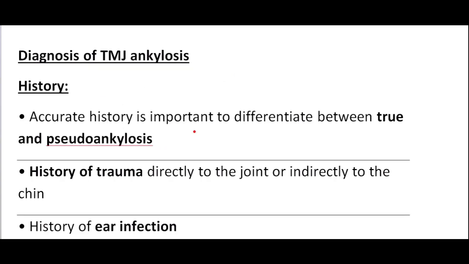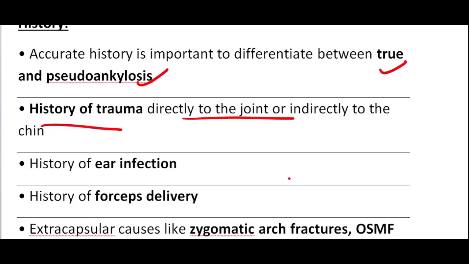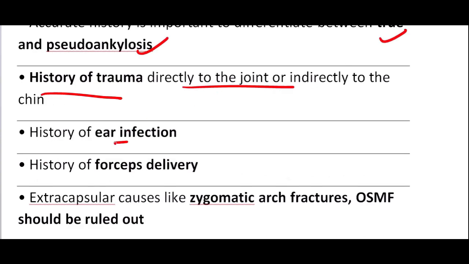So the diagnosis of TMJ ankylosis is based upon the history. It is important to differentiate between true and pseudo ankylosis. History of trauma directly to the joints could lead to injuries that may result in ankylosis. History of ear infections, that is otitis media.